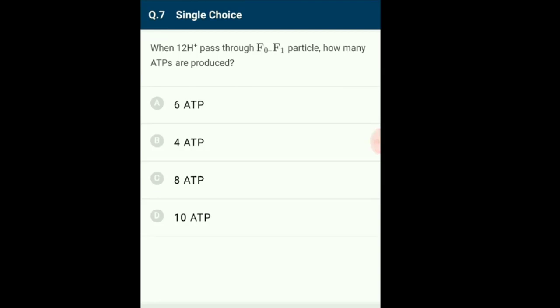For each ATP produced, two protons pass through F0 from the intermembrane space to the matrix down the electrochemical proton gradient. So the answer for this question is option A. When 12 H plus pass through F0 to the F1 particle, 6 ATP molecules are produced.